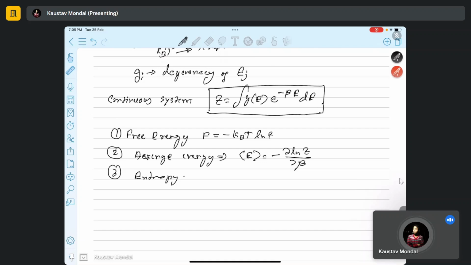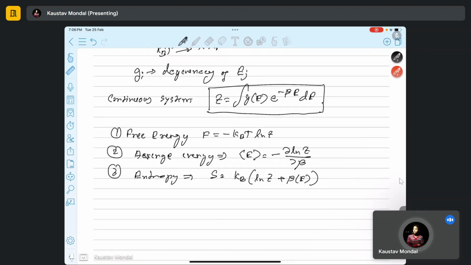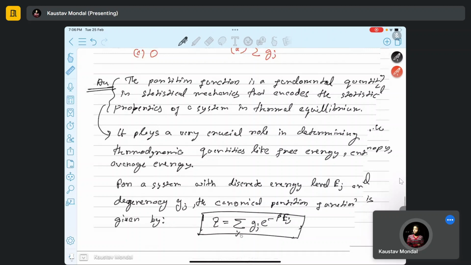The expression is simply S equal to kB ln Z plus beta E. Also you can calculate the heat capacity, which is CV equal to the partial derivative of E with respect to T. So all of these things you can calculate if you get hold of this partition function Z.